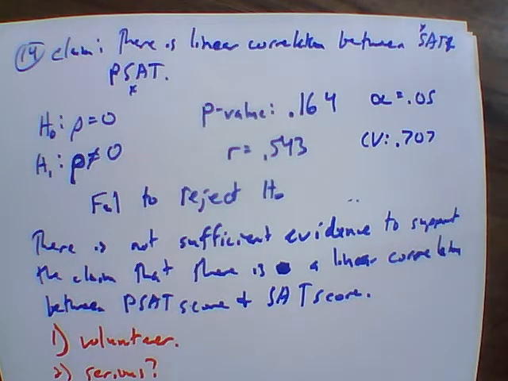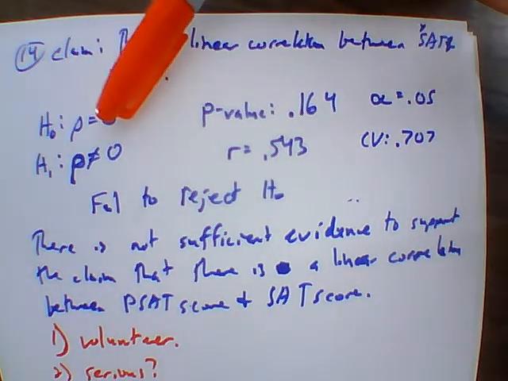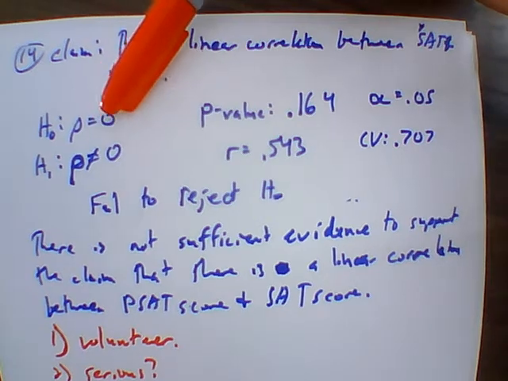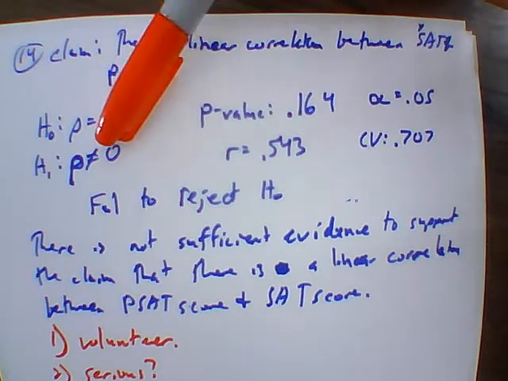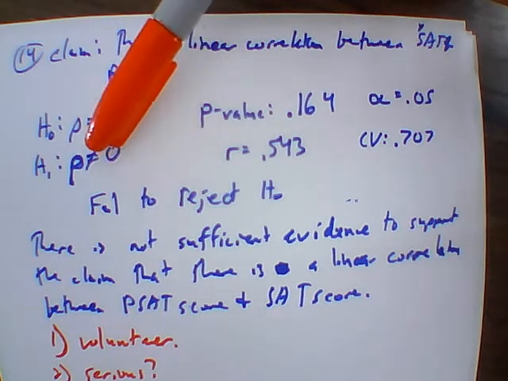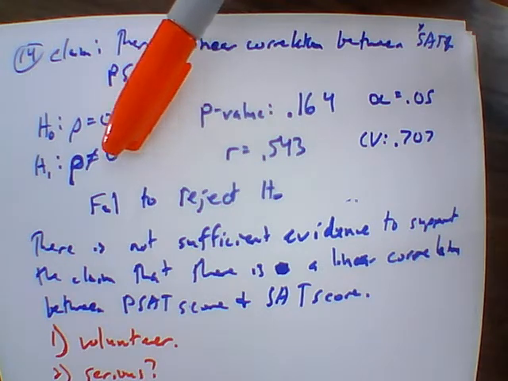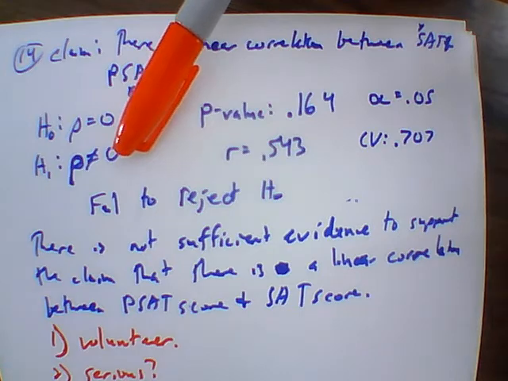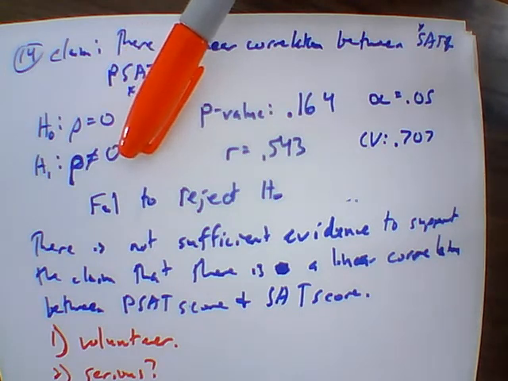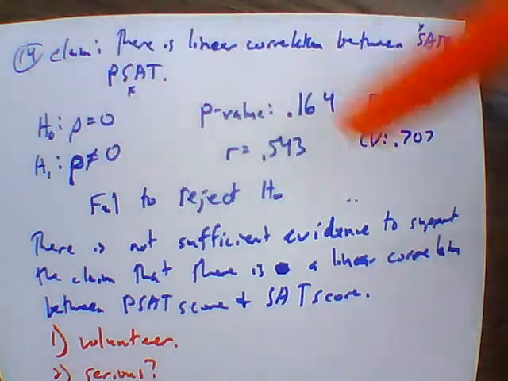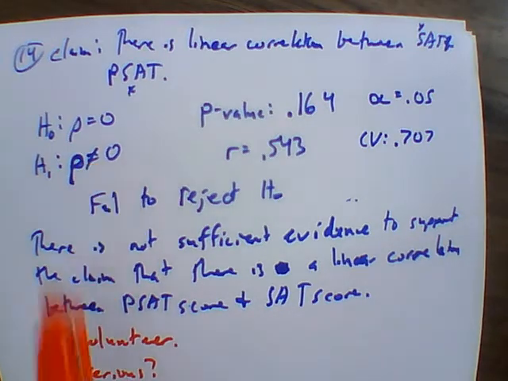Do remember it is a hypothesis test, but unlike in the past, we generally always have this as being not linear correlation. This is our linear correlation. Once again, if this is positive linear correlation, we would go p is greater than 0. If it's negative linear correlation, we would go then less than 0. So do realize that this isn't always just not equal.